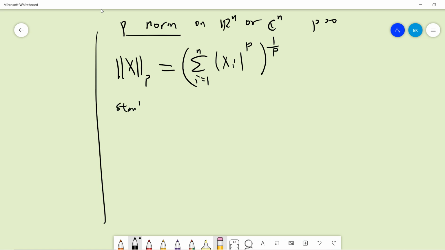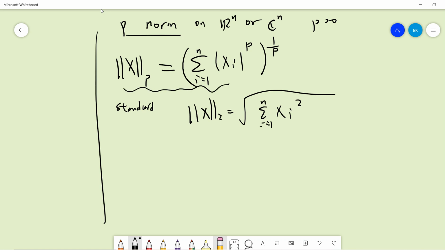The standard example is the 2 norm, which is the Euclidean norm that everybody learned in high school. Basically, it's the length of the vector. You can check that this is indeed a norm, but you need to use an inequality called the Holder inequality. Basically, the Holder inequality is a triangular inequality, basically just this.